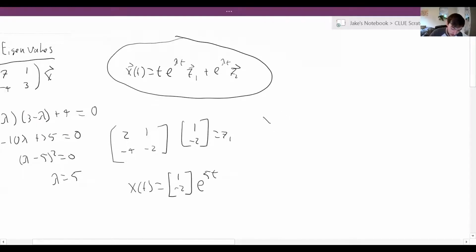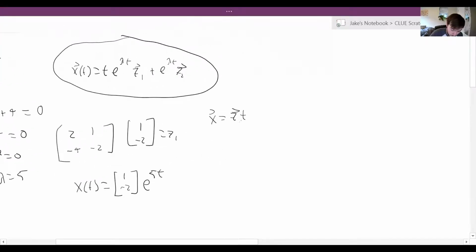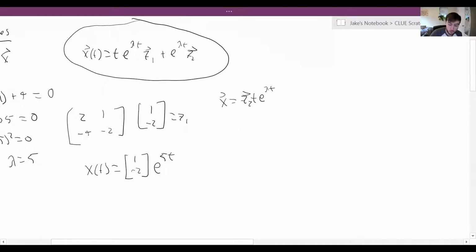Basically, the long and the short of it is you guess something of that sort, maybe z2 t e to the lambda t. But if you run through the operations with this, you take the derivative, you plug it in like we did in the first video, this won't work.